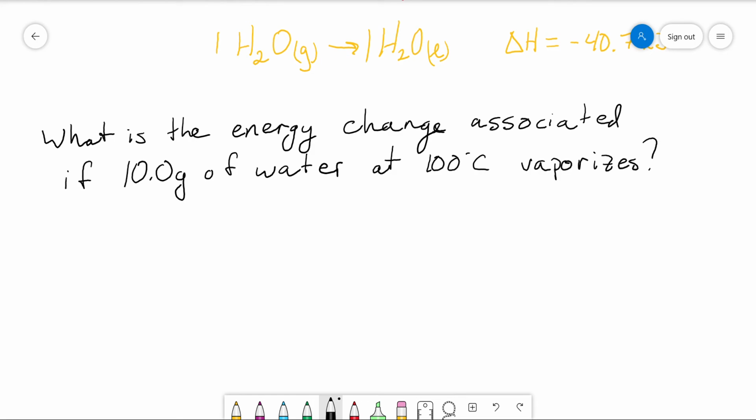So we have our reaction already up there, but we can just rewrite it. H2O liquid goes to H2O gas, and delta H is equal to 40.7 kilojoules.